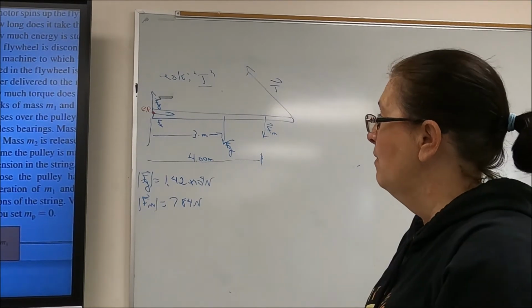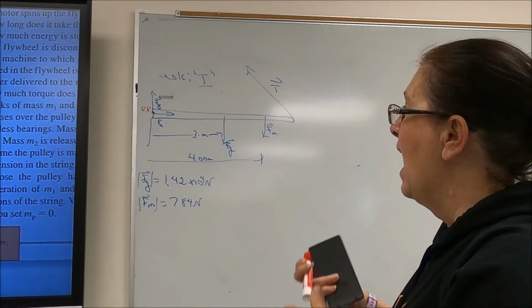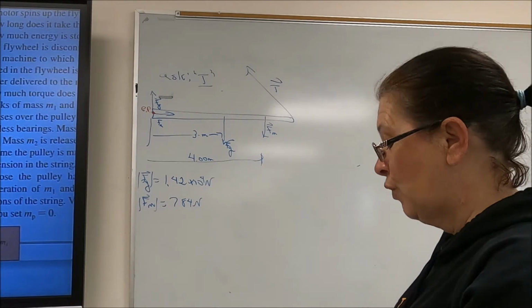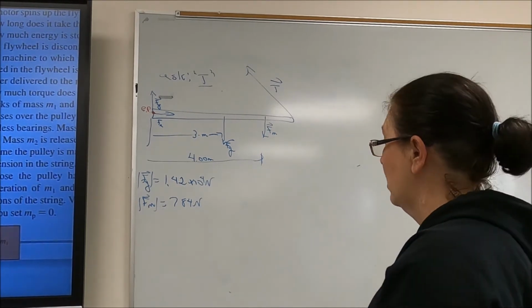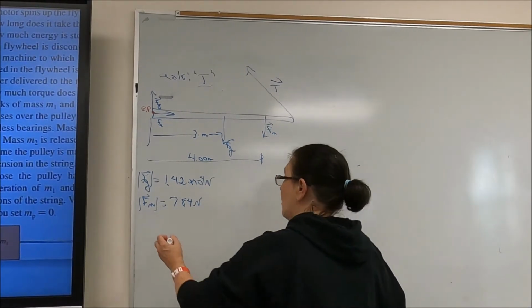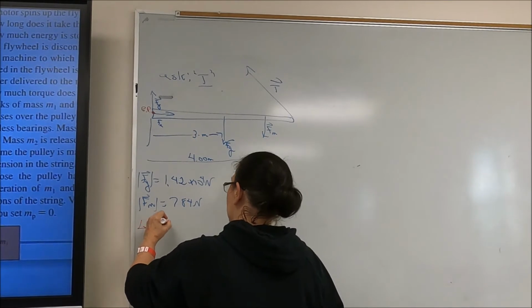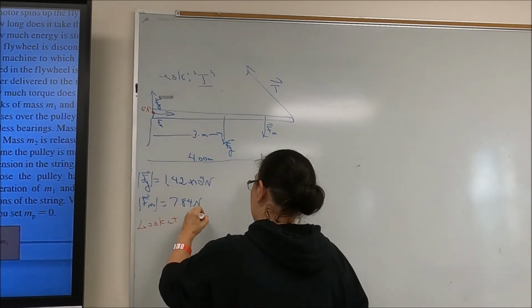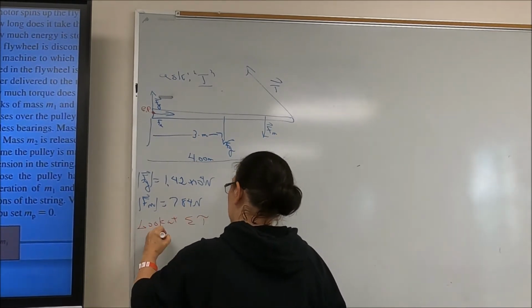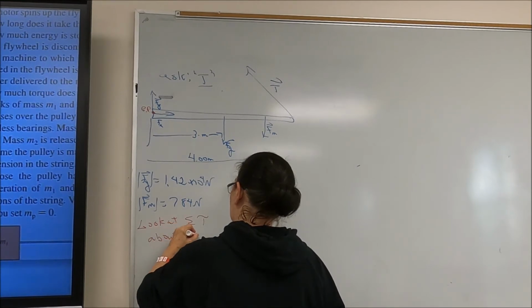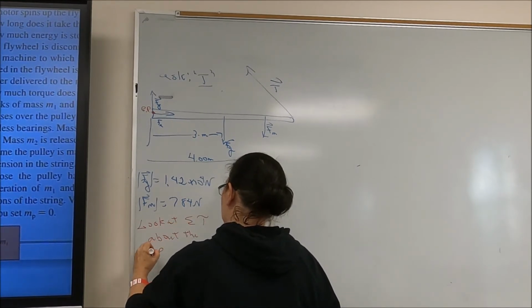So by choosing our pivot point there, we have eliminated those forces when we look at the sum of torques. So I'm going to look at the sum of the torques about the pivot point, PP.